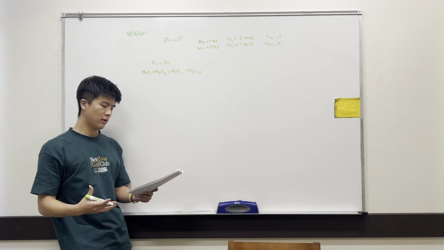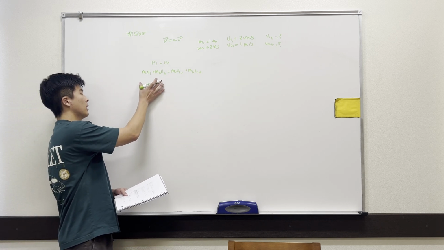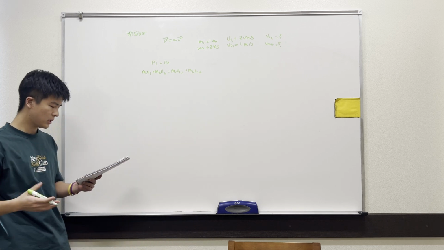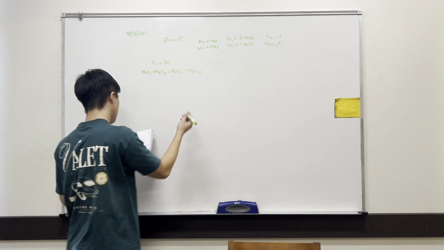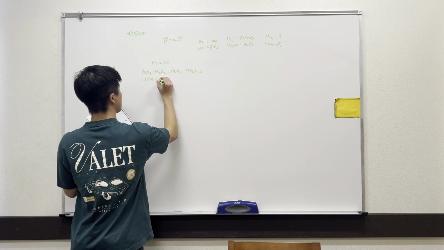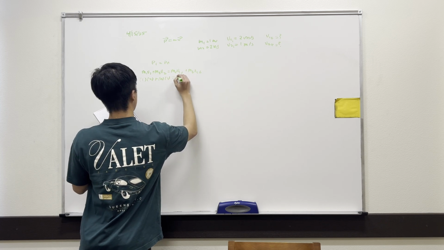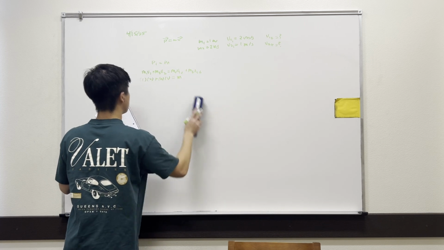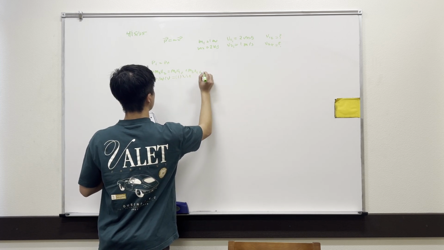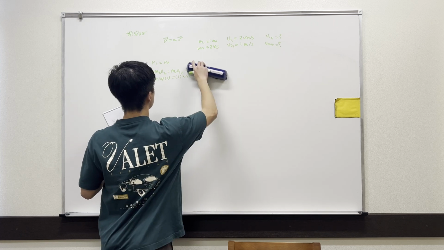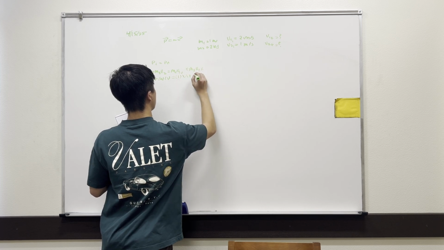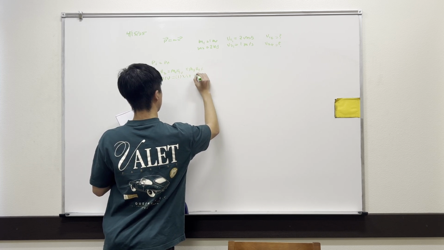Just standard conservation of momentum of the system, where these two are for the initial and these two are for the final momentum of the two objects, and we know most of these values, so we can plug them in already. So m1 is 1, v1f, and m2 is 2, v2 final.